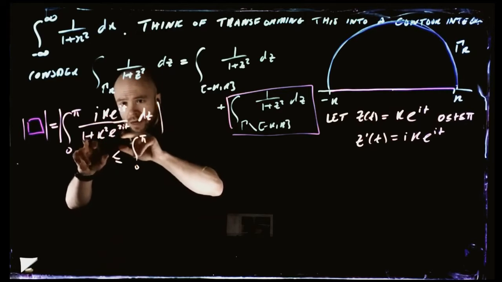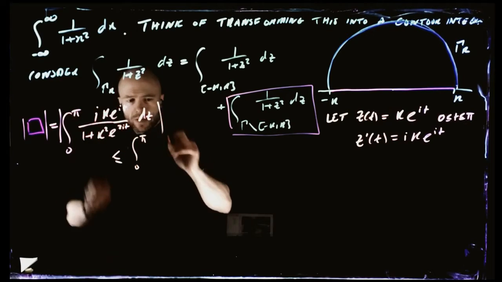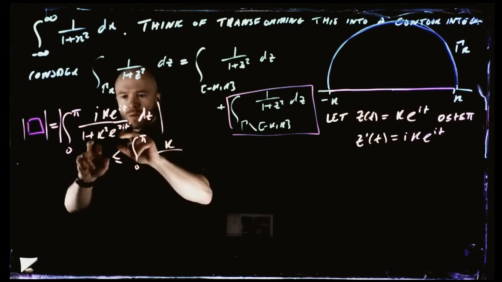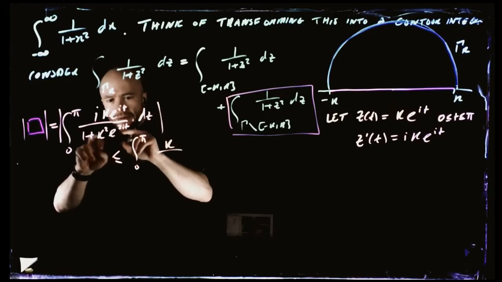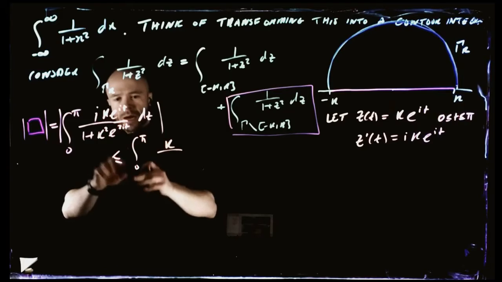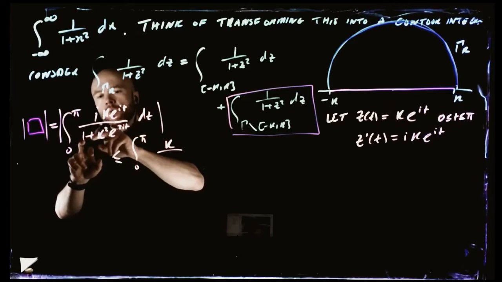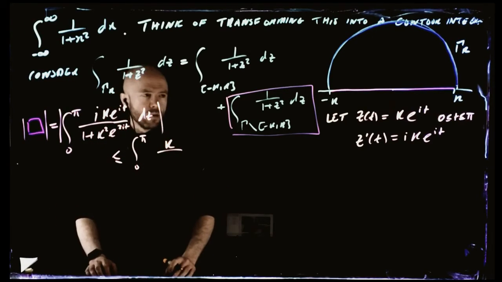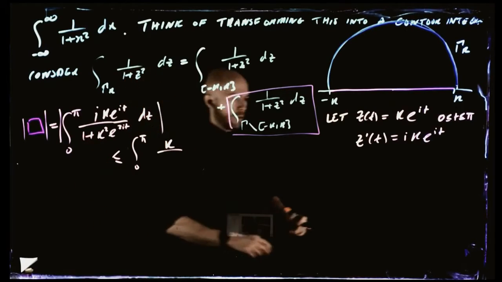If we put the absolute value on the top, we just get r. If we put the absolute value on the bottom, then this expression here, as we range t from 0 to pi, is always going to be at least 1 plus r squared in size, because this is the number 1 plus a complex number.